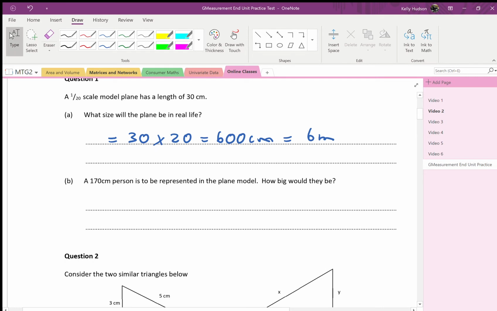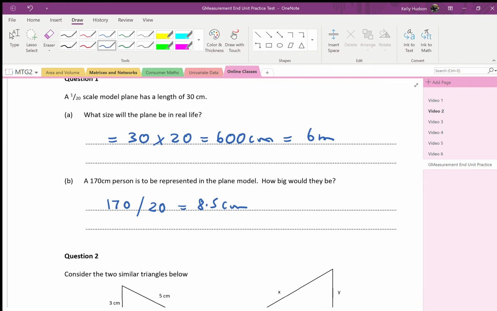A person 170 centimetres is represented by a model plane. In the model plane, how big would that person be? So the person, we have to do a reduction in size. So we take the original 170 centimetres and we divide that by 20 because the person has to be 20 times smaller. So that works out to be 8.5 centimetres in height will be the model which needs to go into the plane.